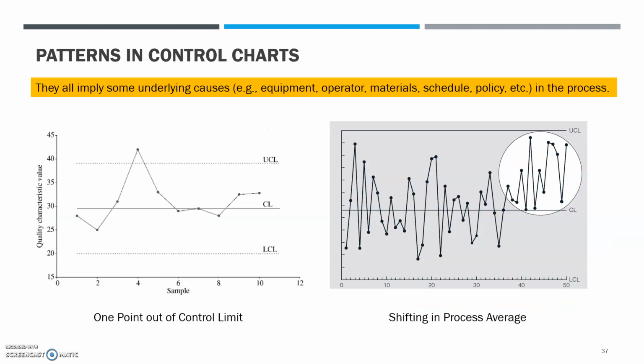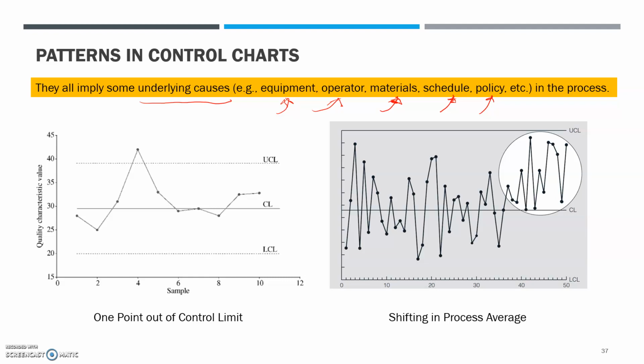They all imply some underlying causes. You can attribute those causes to machine, operator, material, schedule, policy, and so forth. The machine made a mistake, the operator can make a mistake, the material maybe not correct, and sometimes the schedule also has something to do with the non-conformity.